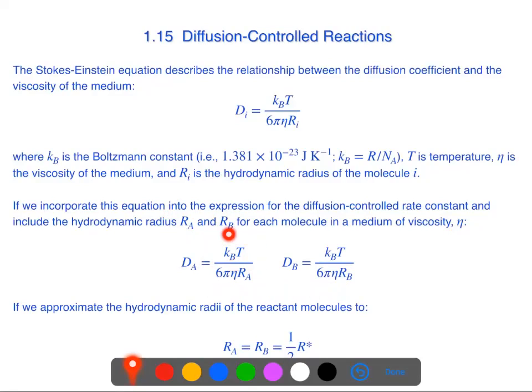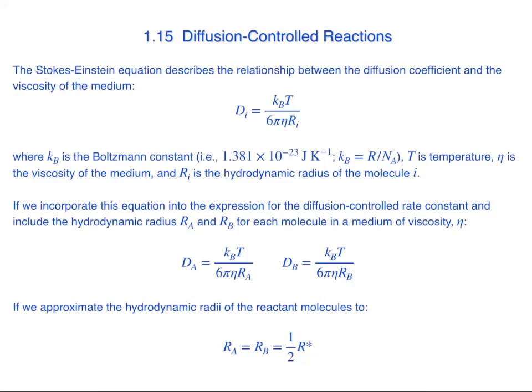The numerators are identical, dependent on temperature and the Boltzmann constant. The only difference in the denominator is the hydrodynamic radius of the specific reactant. Now, we can approximate these hydrodynamic radii for both species, and we can do that using this idea of a critical reaction distance.